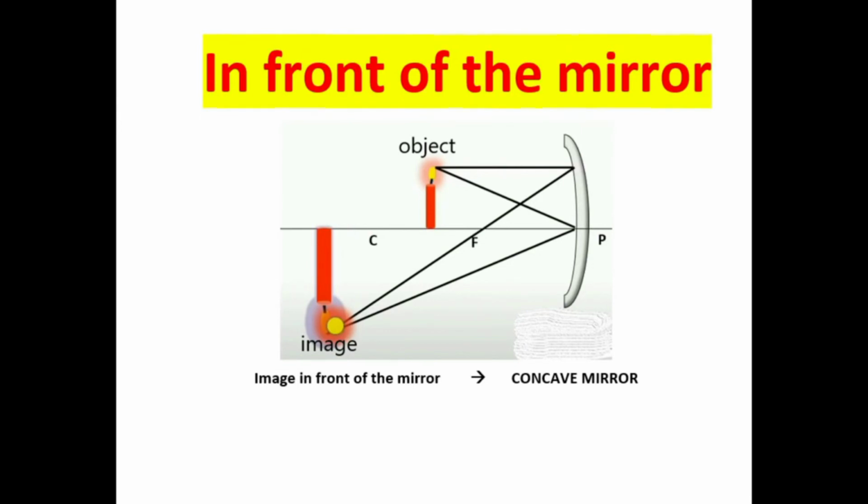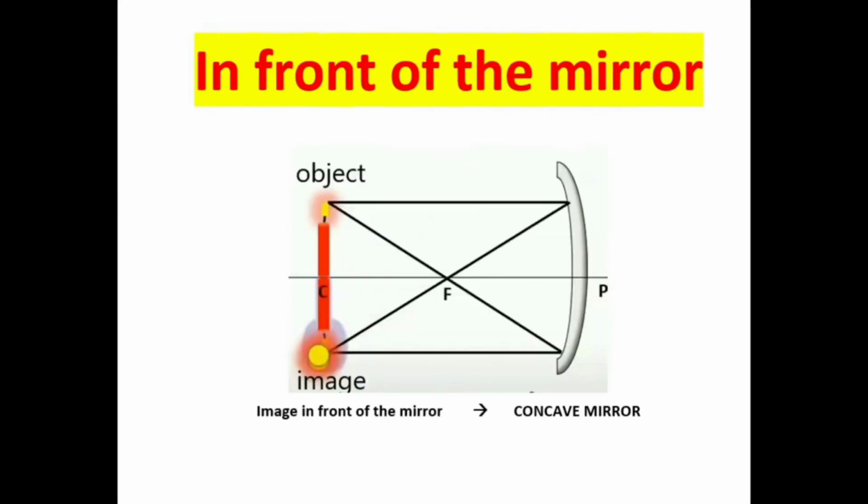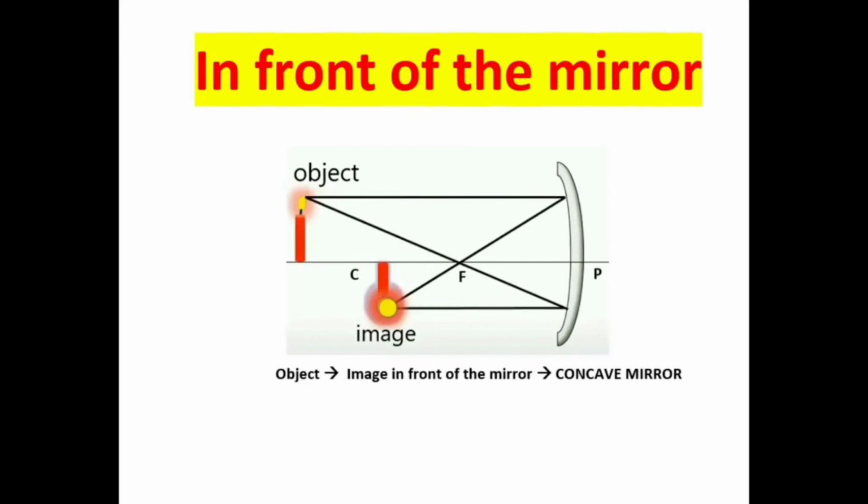For example, the location of the image in this diagram is beyond C, or beyond the center of curvature, while in this example, the location of the image is at C, or at the center of curvature. The image can also be located between the center of curvature and the focus, or between C and F.